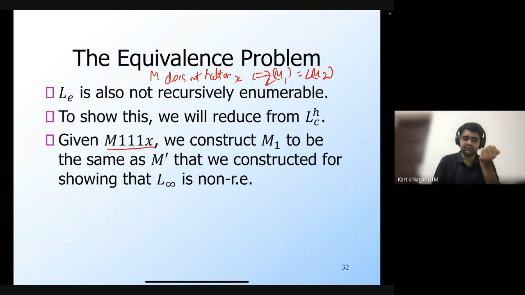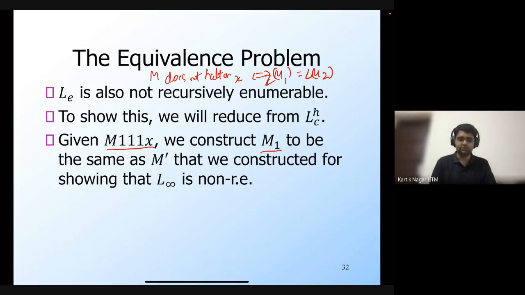This reduction is very similar to the reduction that we saw to prove that the property that the language of a Turing machine is infinite is non-recursively enumerable. In fact, we construct this M1 to be the same as the M prime that we constructed for showing that this L infinity is non-recursively enumerable.